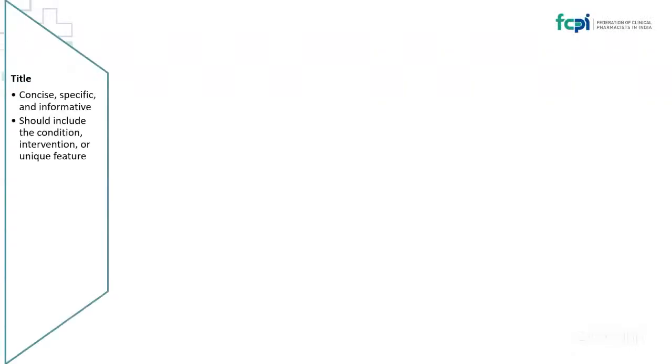Now we will see a structured format, how a case report should be presented, or how a journal-style case report should be formatted. Initially, in the title, you should mention a concise, specific, and informative title, which will give specific information on what condition, what intervention, or what unique feature you have conducted the case report on.